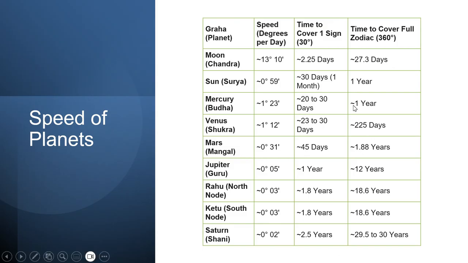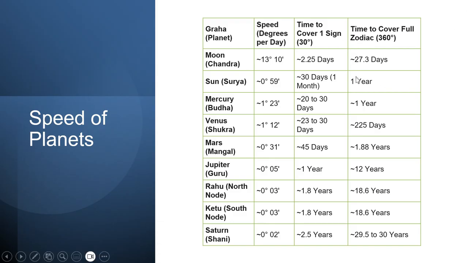For the Sun it is exactly 1 year, because we know that Earth takes 1 year to complete the revolution of the Sun. Since we are looking from Earth, we say that the Sun takes 1 year to complete the revolution. So this is exact.